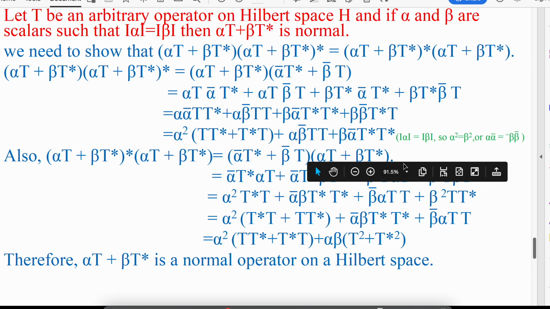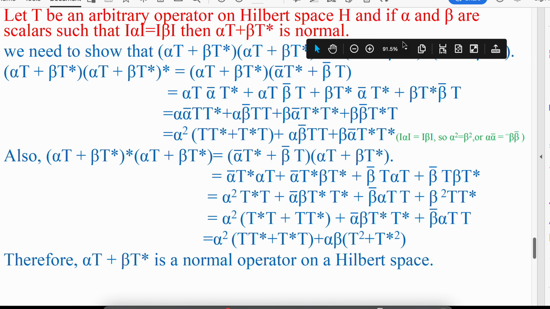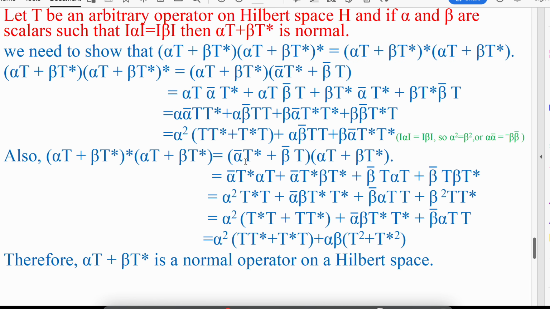Now the right hand side. For the right hand side, (alpha T plus beta T star) times (alpha T plus beta T star) whole star is equal to (alpha T plus beta T star) times (alpha bar T star plus beta bar T).